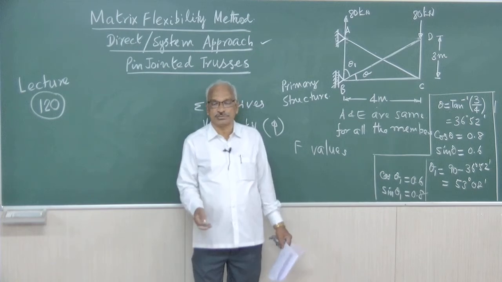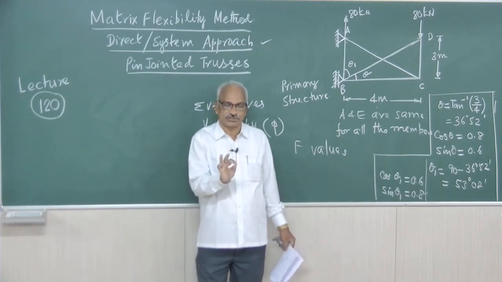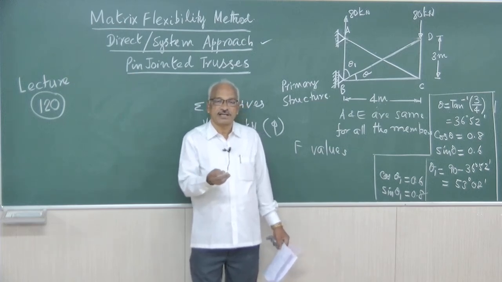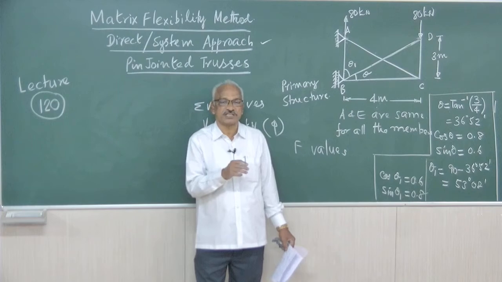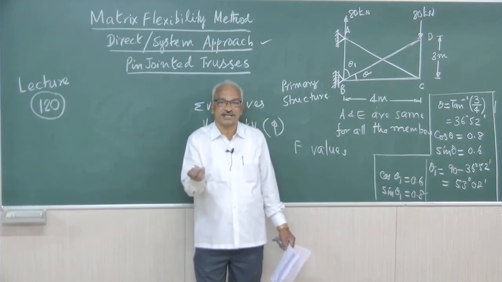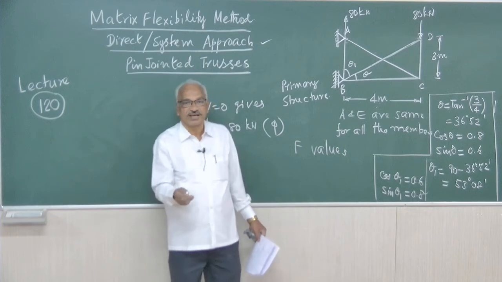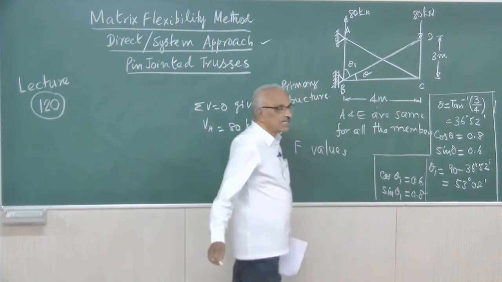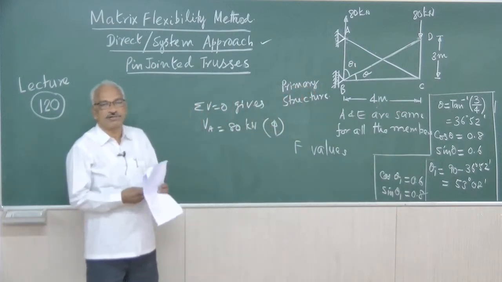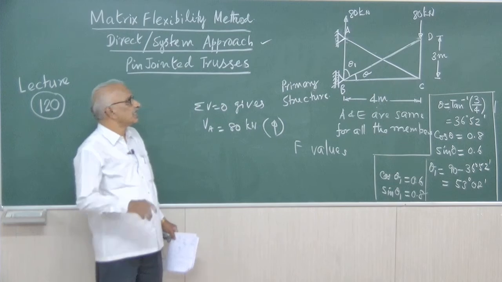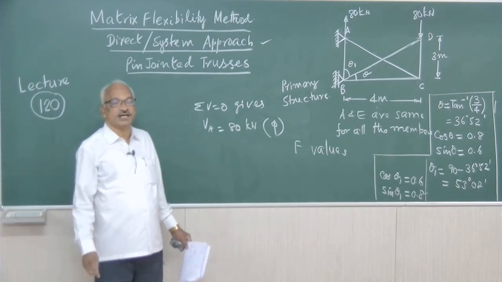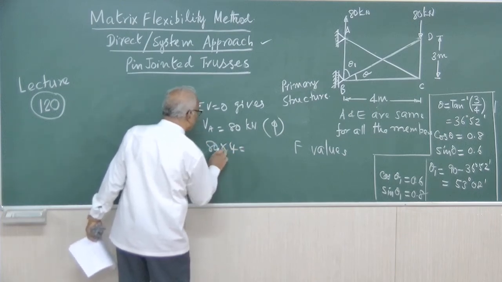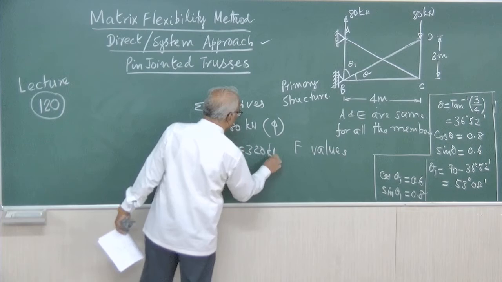Sigma H equal to 0. As there is no horizontal force, it will satisfy sigma H equal to 0. The third condition is sigma M equal to 0. Now, these two equal and opposite forces acting over a length of 4 meters will cause a clockwise moment of 80 into 4 equal to 320 kilonewton meter.